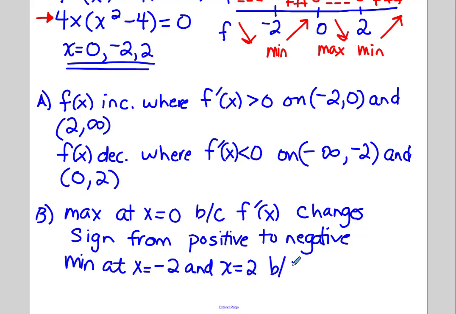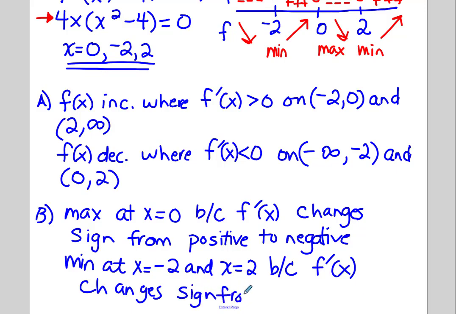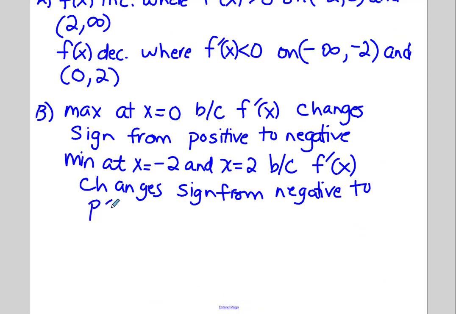And the justification is that the derivative changes signs from negative to positive at that place. Now that's pretty easy. From negative to positive. You got it?